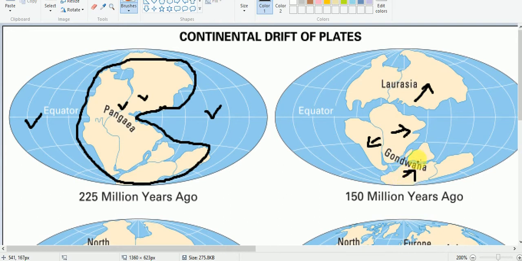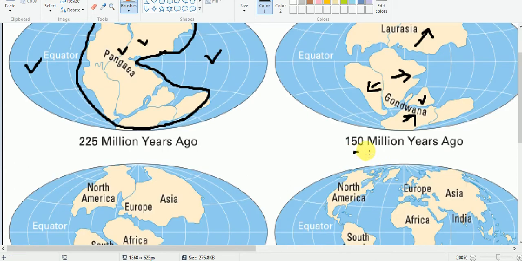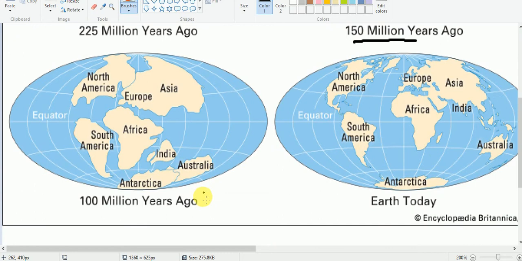See, this is India. This is about 150 million years before present, and this is the location of the continents about 100 million years ago. See, North America is here, South America is here, and it is not connected. Africa is here, and India was south of the equator.